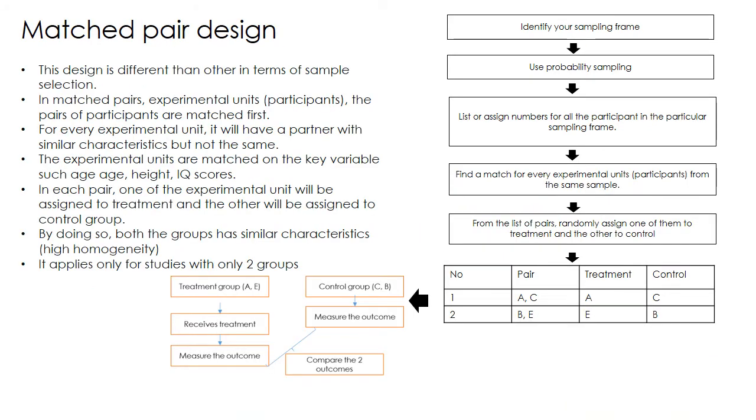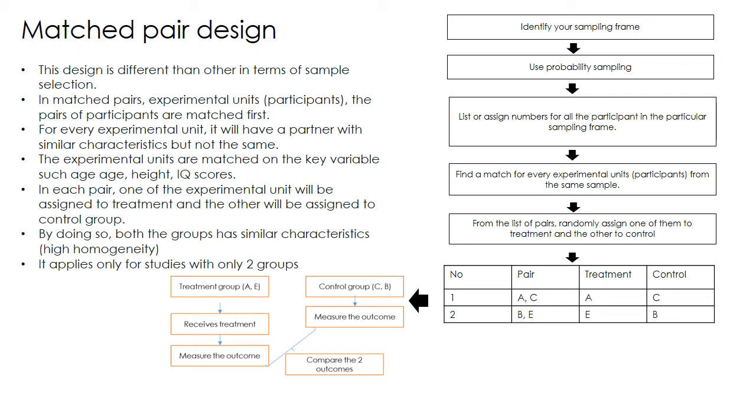Lastly is the matched pair design. This is also different compared to the others, and this is even adding more complexity to it. What makes them different is the way you select your participants. All this while in the experiment, you are still making a comparison between treatment and control groups, but how you select them makes a big difference.